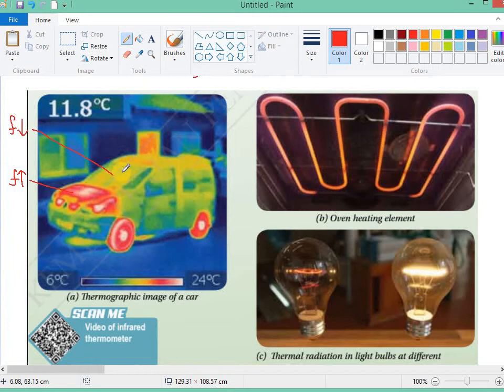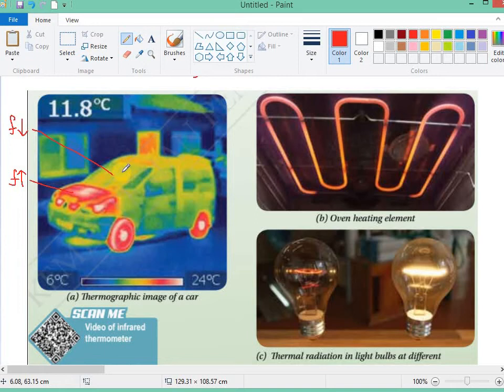Ice is blue, or white. Things that are cold, usually the color is darker, like blue. So for normal people, it is easier to associate red color with high temperature, blue color with low temperature.